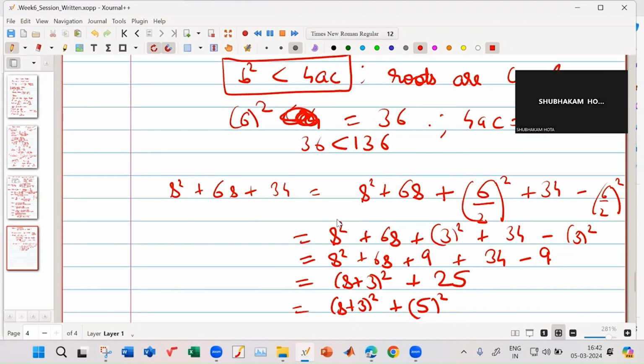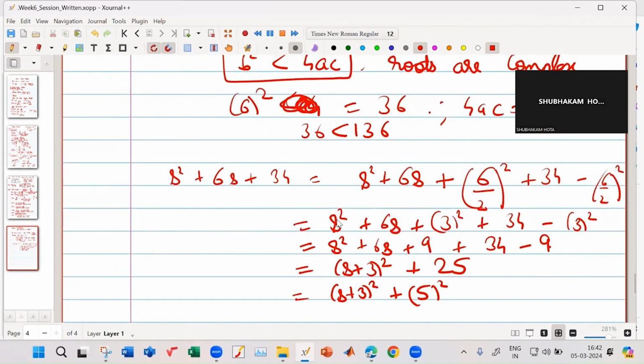Please repeat the 5 part. We add 6 by 2 the square and subtract 6 by 2 the square. We wanted the form (S plus 3) square, but we don't know what that value should be. The mathematical way is: whatever is this coefficient, we divide it by 2 and take the square of that.